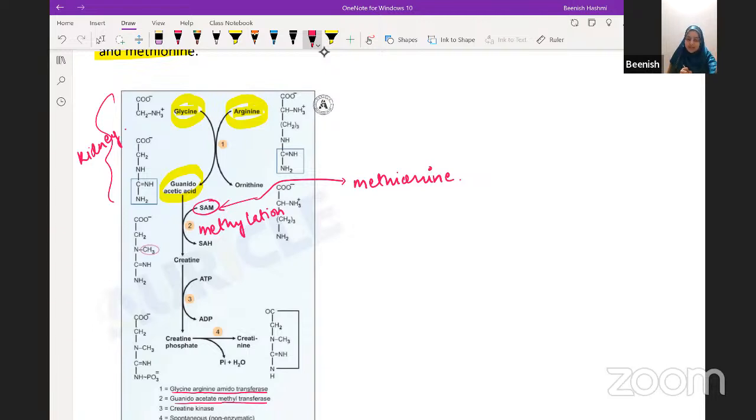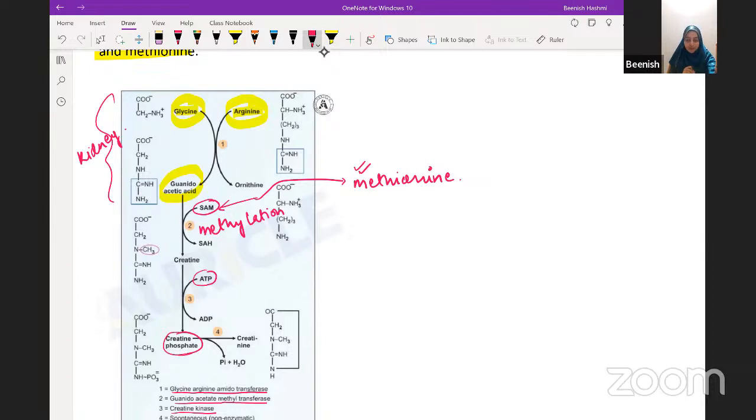For this methylation, SAM is needed. Now this SAM, you all know, is derived from methionine. So you see, methionine is also needed for the synthesis of creatine. Now this creatine undergoes phosphorylation by creatine kinase. ATP is required here, and creatine phosphate is formed.